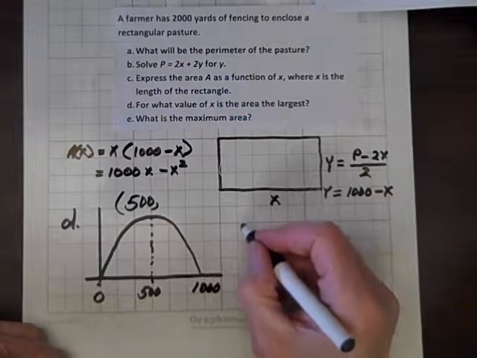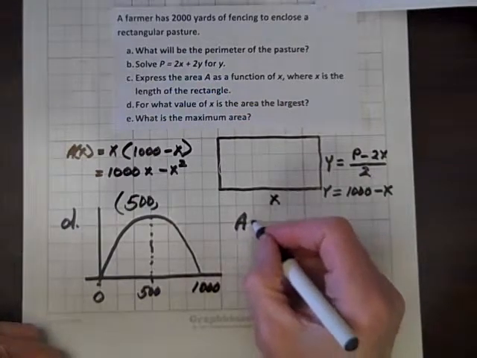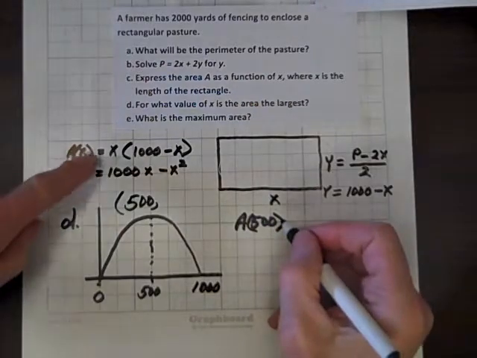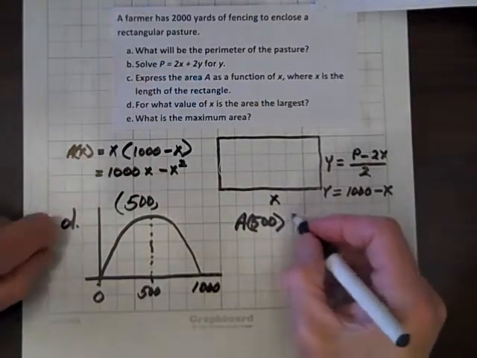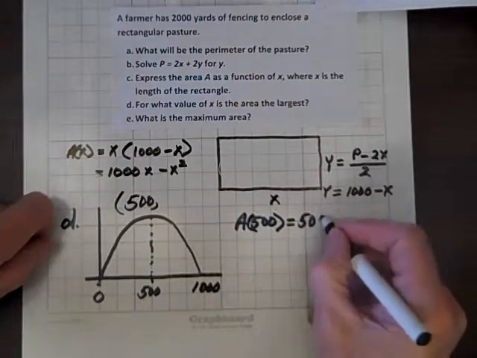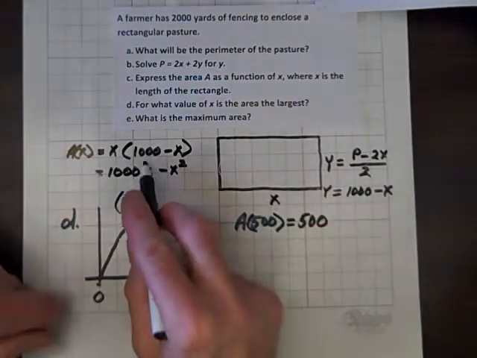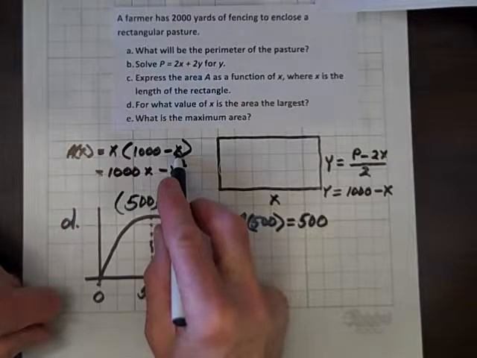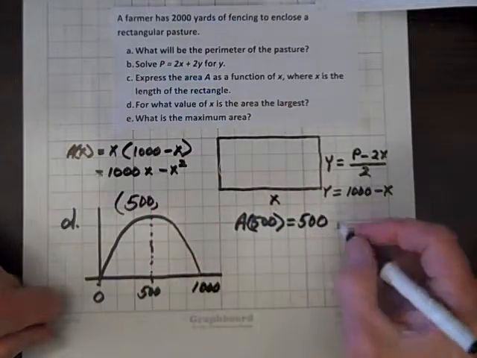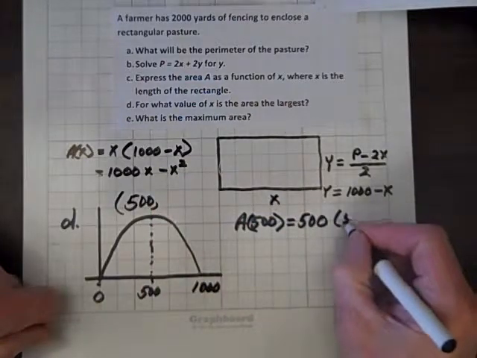So we'll evaluate A of 500. And using the top equation, we'll replace x with 500. And notice, if we replace x here with 500, 1,000 minus 500 is 500.